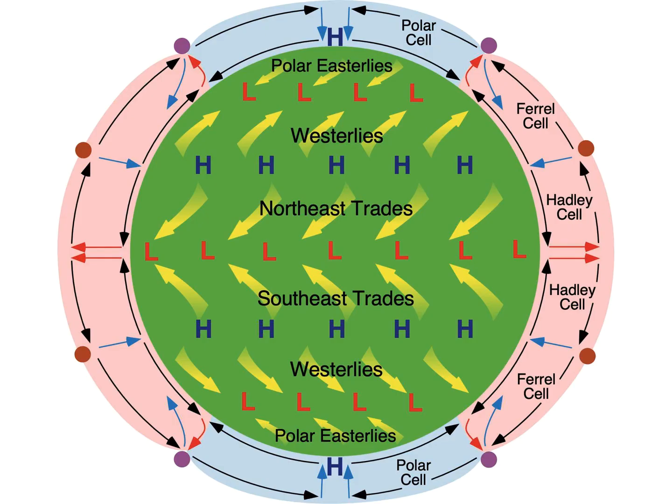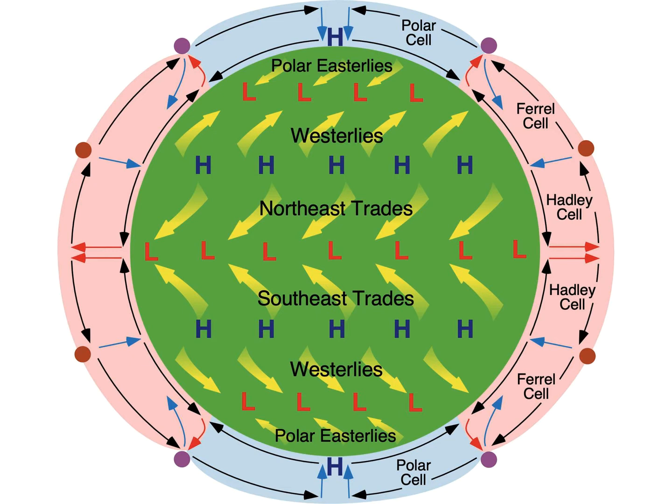So now what we're going to do is compare the three-cell graphical model that I created with actual surface pressure patterns and wind patterns based on a number of years of data averaged. This is the graphical model that I introduced, a three-cell model.